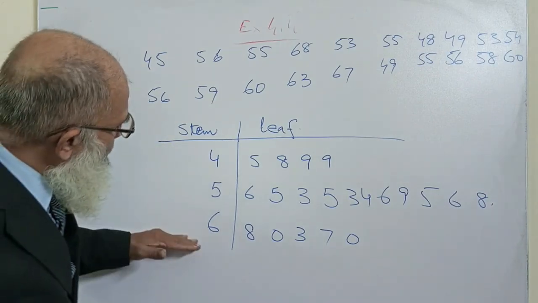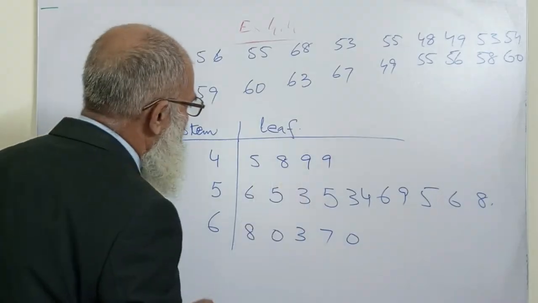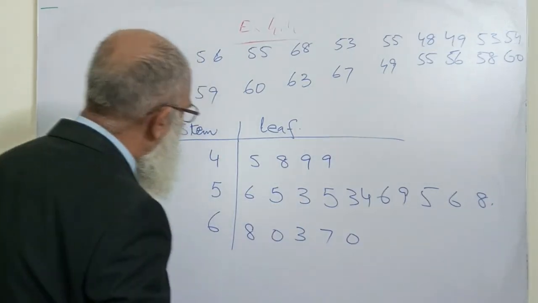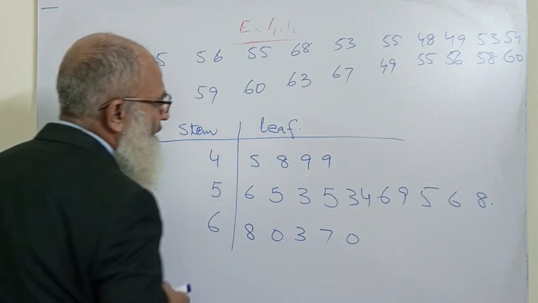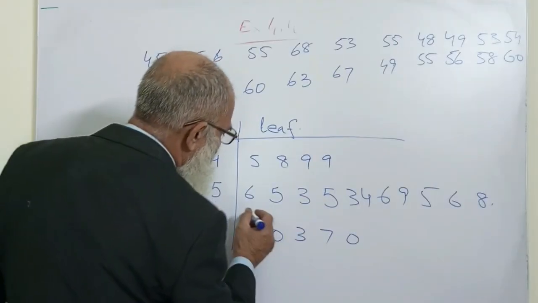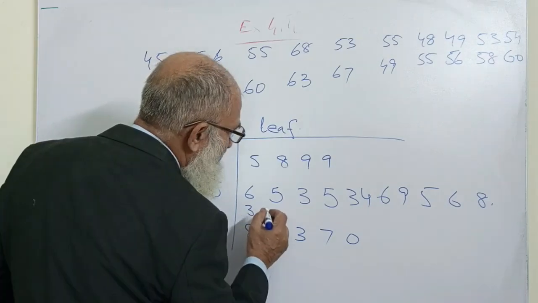Now, if you want to arrange them in ascending order, you can do it on the next page. I am doing it on the same page. This is written in ascending order. Which one is the lowest? This is 3, this is 4.